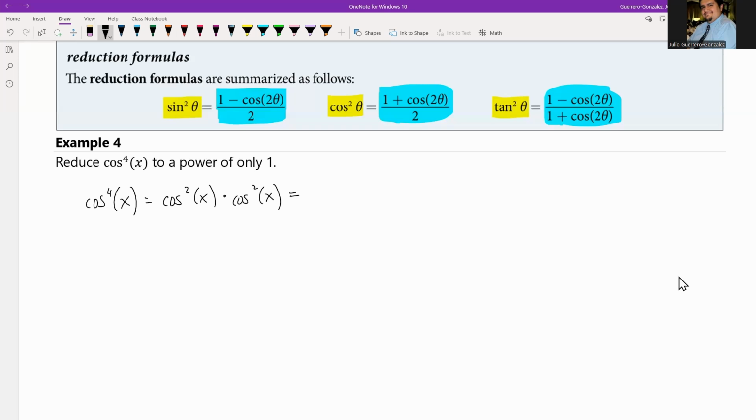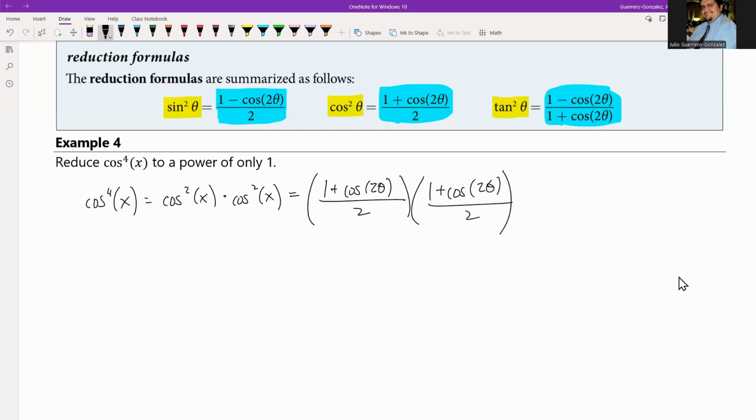I have equations for both of these, okay? 1 plus cosine 2 theta over 2, 1 plus cosine 2 theta over 2.